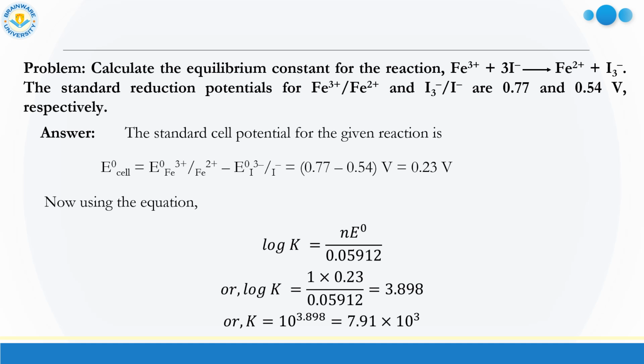So first we will calculate the standard cell potential for the given reaction, which will be 0.23 volt. Now, using the previous equation we have shown, we can simply put the value of E0 and the number of electrons change for this reaction, and we will get the value of equilibrium constant for this particular reaction.